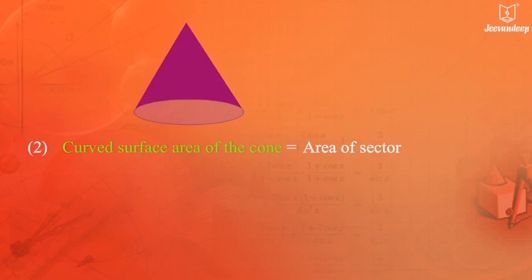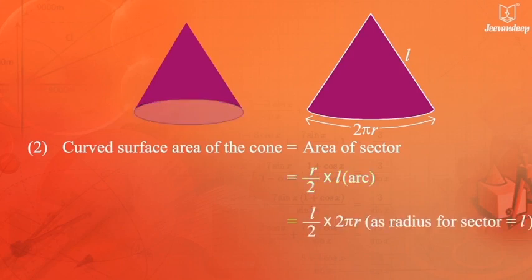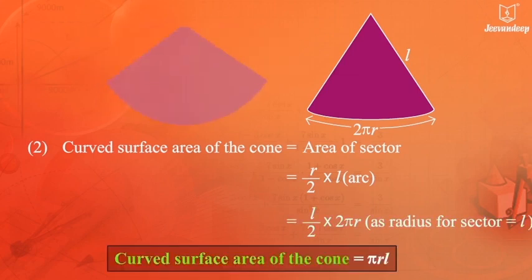Curved surface area of the cone equals area of sector, equals r, that is radius, upon 2 multiplied by L, that is length of the arc, equals L upon 2 multiplied by 2 pi r, as radius of sector equals L. Curved surface area of the cone is given by pi r L.